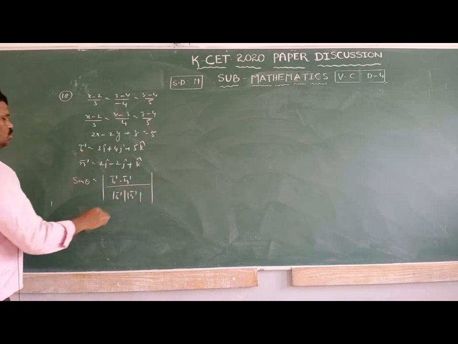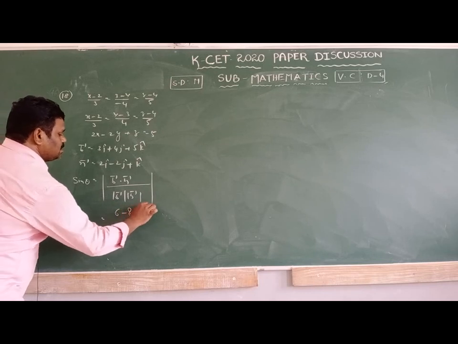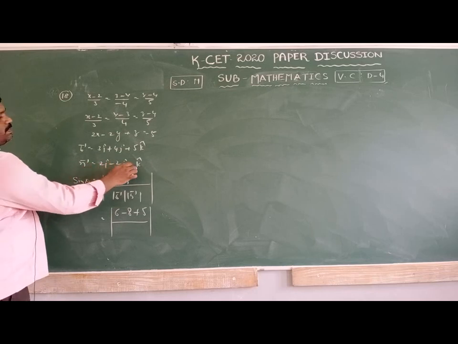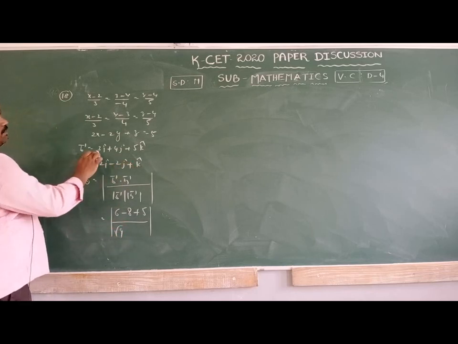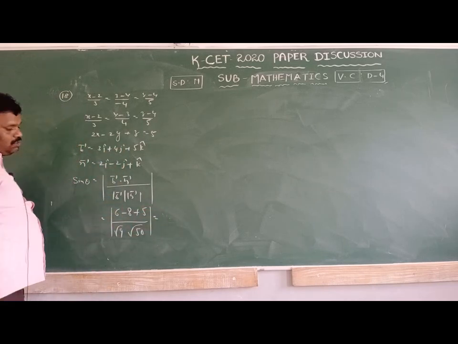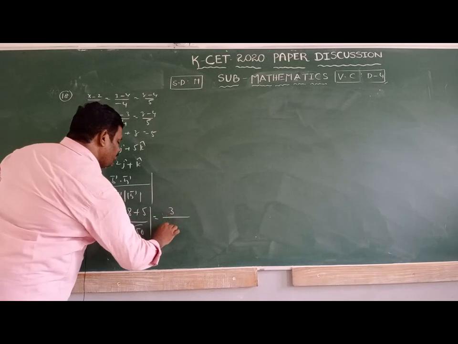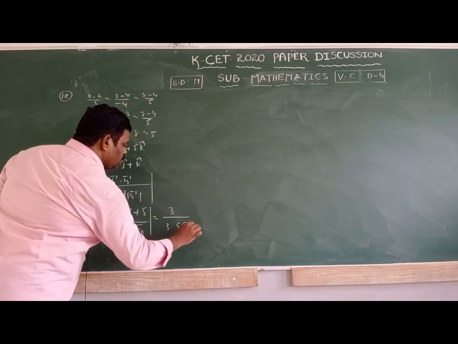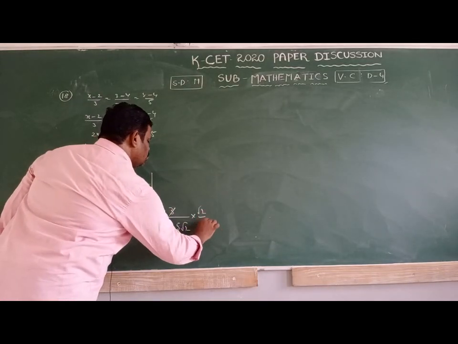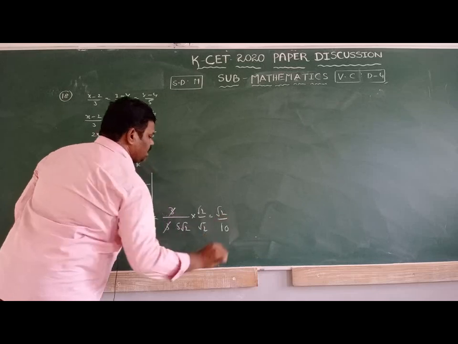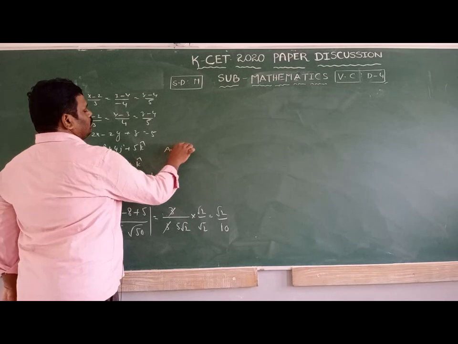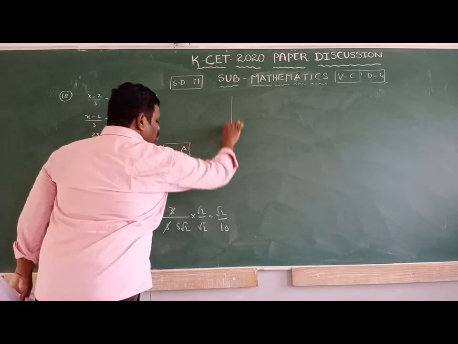So that is equal to 6 minus 8 plus 5 by square root of 4 plus 1, root 9, 9 plus 16, 25 plus 25, root 50, that is equal to 3 by 3 into 5 into root 2. So 3 cancellation. Okay? So root 2 multiplication, root 2 by root 2, that is equal to root 2 by 10. So the answer is 1.